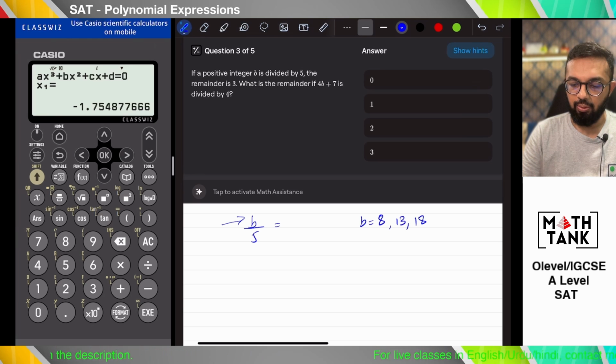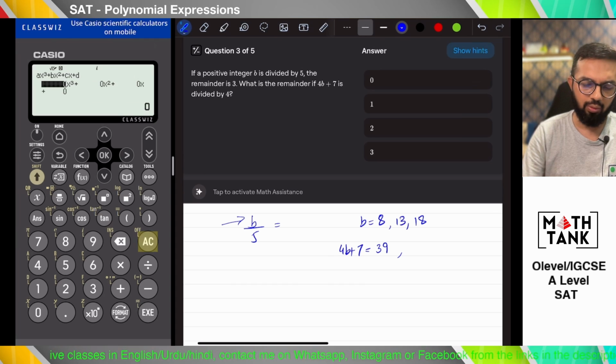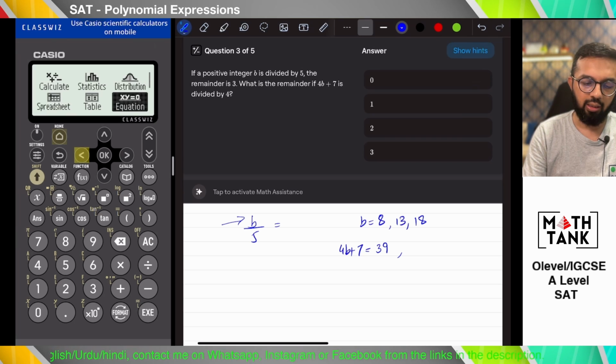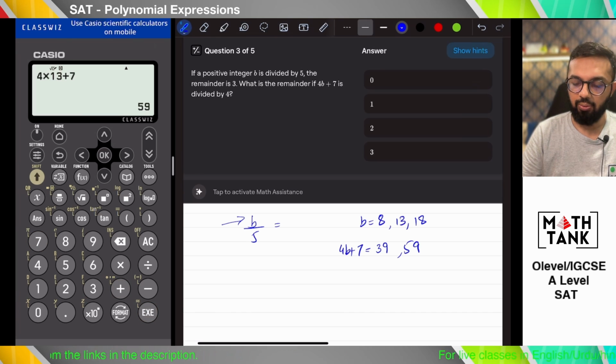So now I want 4b plus 7. So what's 4b plus 7? That's 32 plus 7, that's 39. You could take any of these numbers. You don't have to take all of them necessarily. I'm just going to go back and say that 4 into 13 plus 7 is 59 and so on. Now, what do I want? I want to divide these by 4.